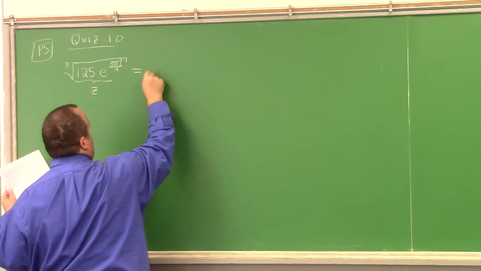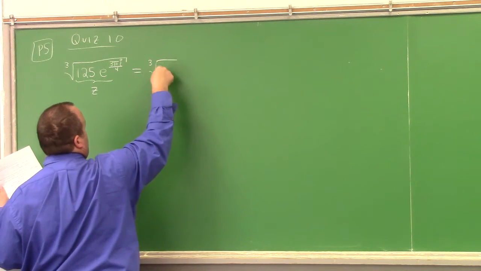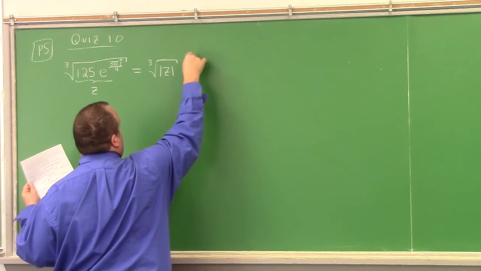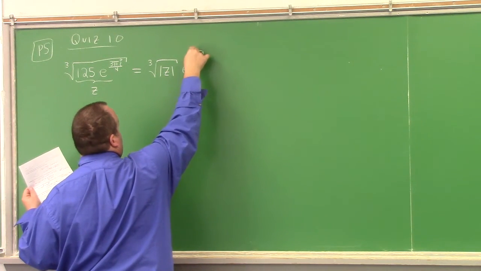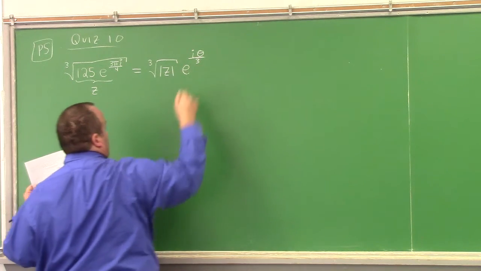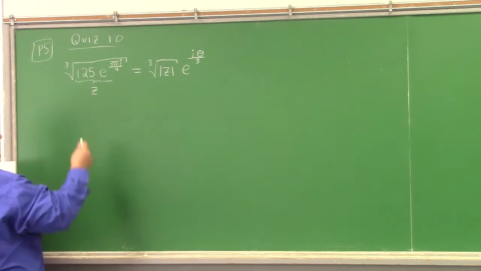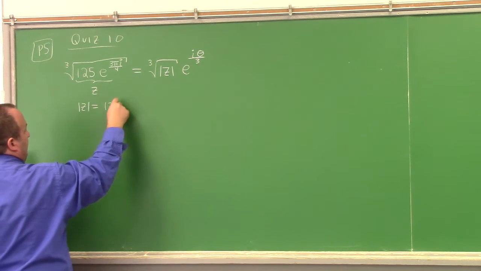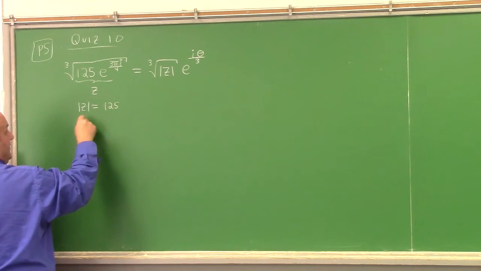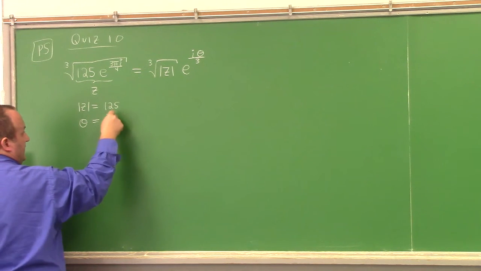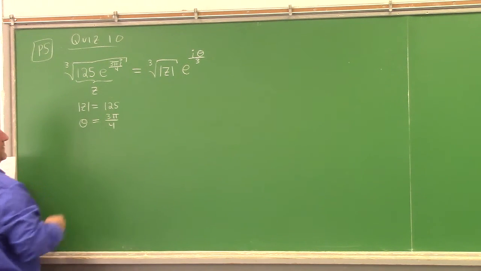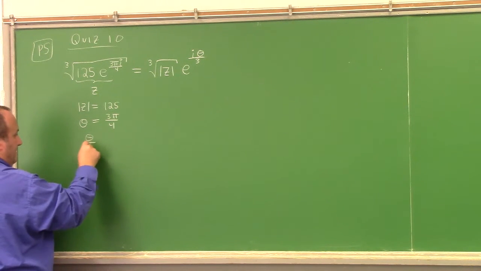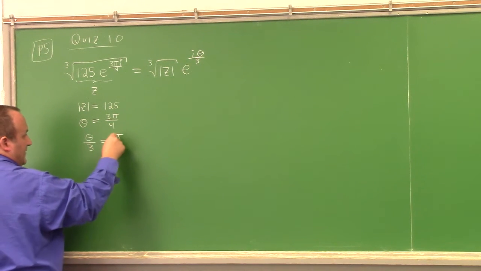The way we do that is we take the third root of the modulus of z, the length of z, and then we do e to the i theta over 3. That's the definition of the principal third root. Now here, the modulus of z, the length of it, is 125. The standard angle is 3 pi over 4, right? So theta over 3 is what? Just pi over 4, right?